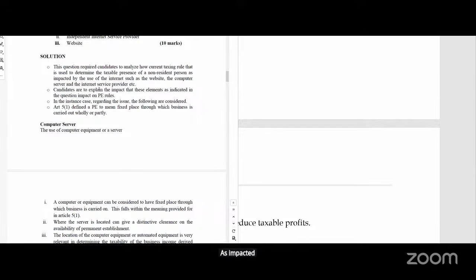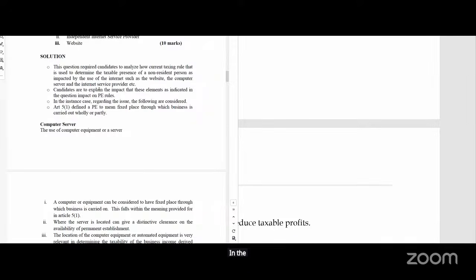Okay, so we are saying that this question requires candidates to analyze how current taxing rules are used to determine the taxable presence of a non-resident person as impacted by the use of the internet, such as the website, the computer server, and the internet service provider. Candidates are to explain the impact these elements, as indicated in the question, have on PE rules.